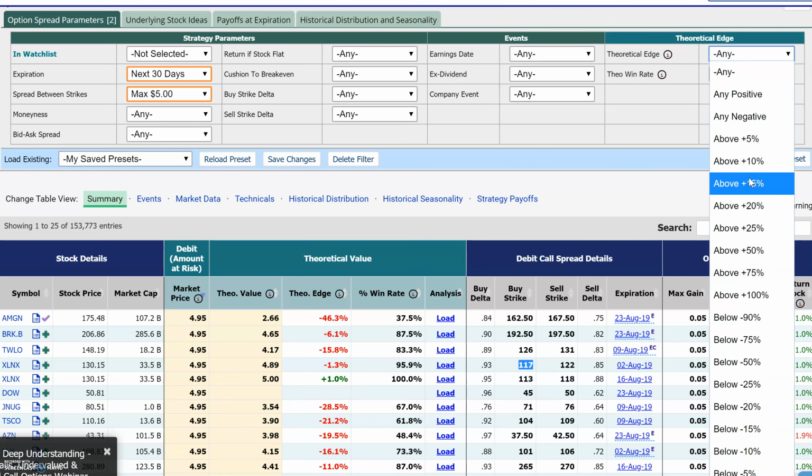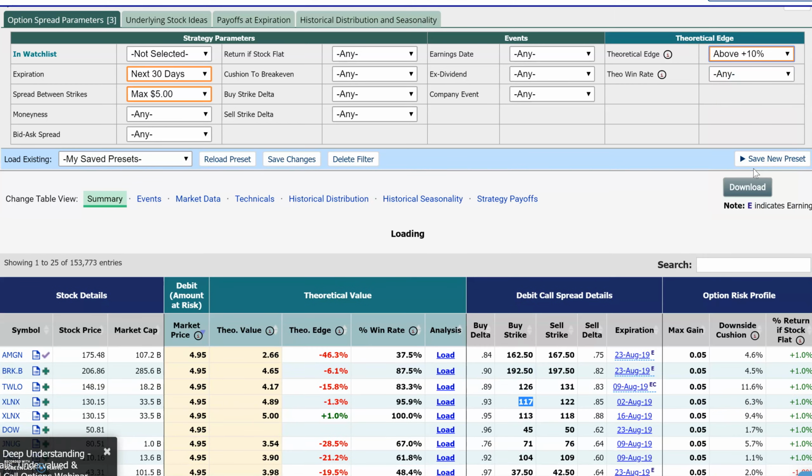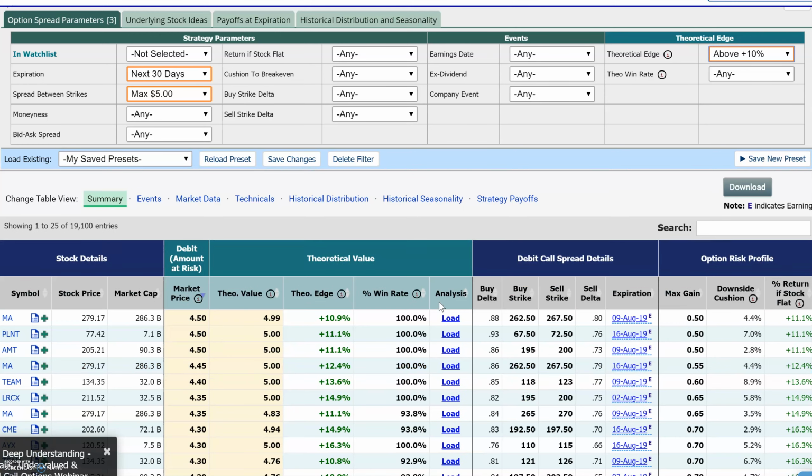I'm going to look for a theoretical edge of, let's put 10%, meaning that right here we'll see this table resort. And you could see here that this call spread's market price right now is $4.50. We think the theoretical value is $4.99, so you're buying it below its theoretical value.